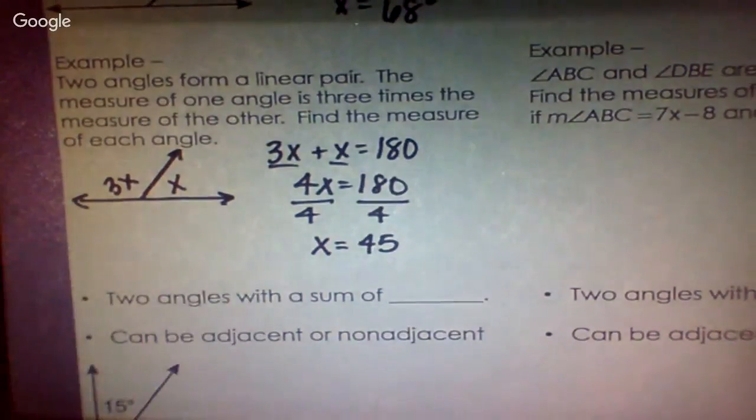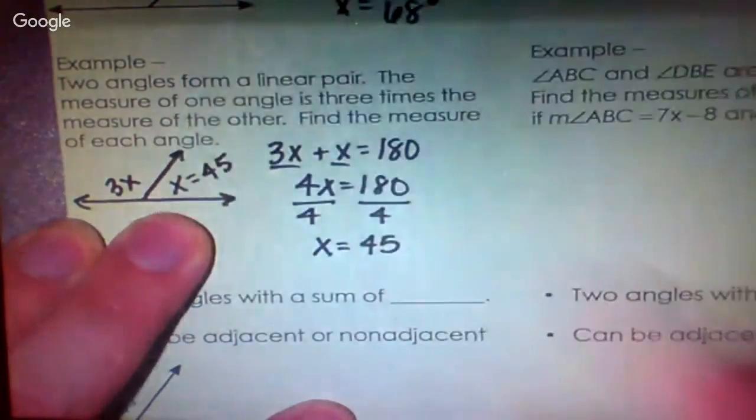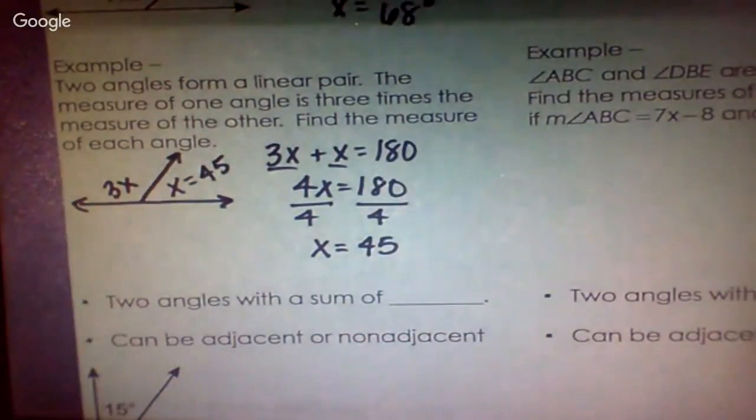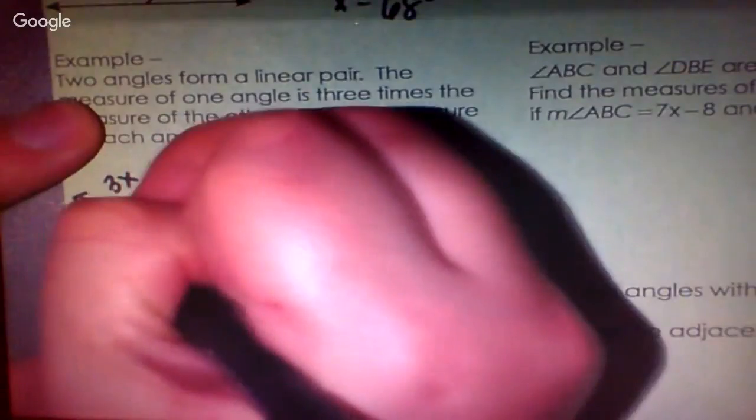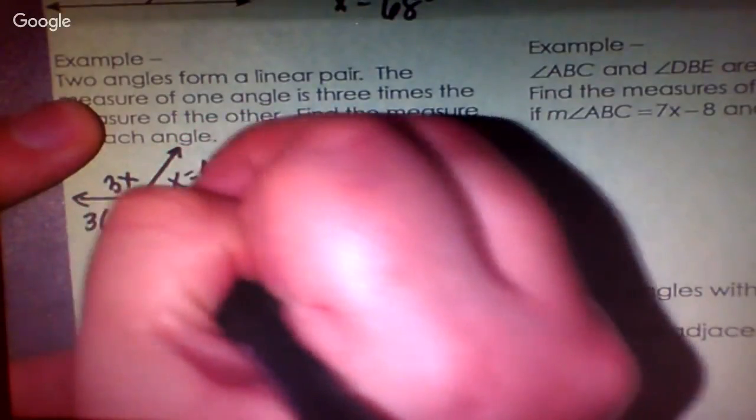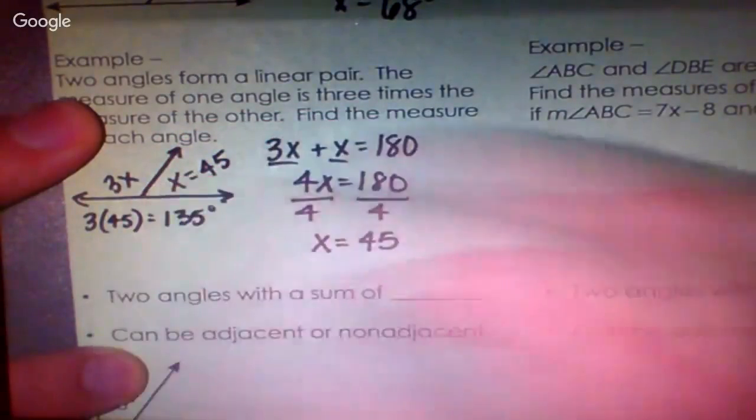It says find the measure of each angle. If x is 45, that means this angle is 45. What's the other angle? 135. This angle is 3 times x, so 3 times 45 makes it 135 degrees.